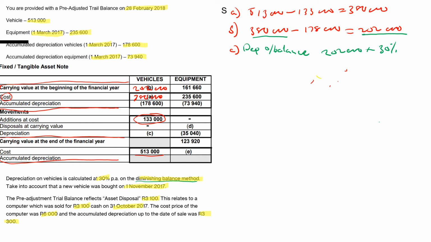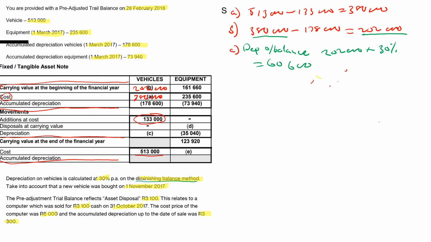So this is 202,000 times 30%, which will give you 60,600. But that's not all.